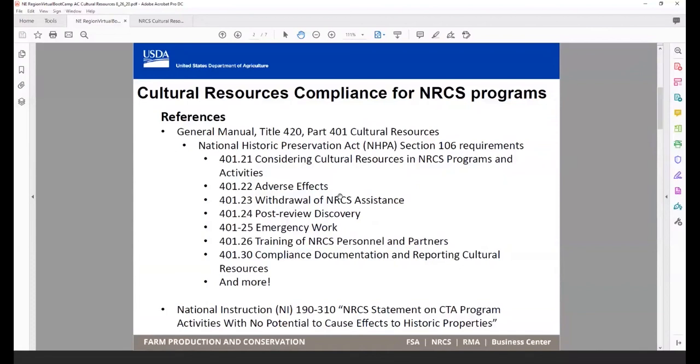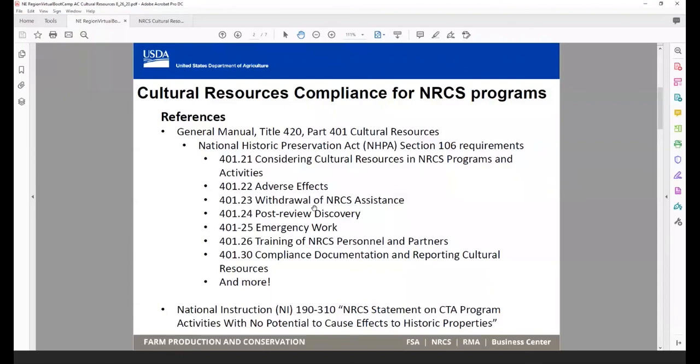At the bottom of that screen, I have National Instruction 19310, the NRCS Statement on CPA program activities with no potential to cause effects to historic properties. Essentially, I encourage everyone to read all of these and become familiar with our manual and our requirements.